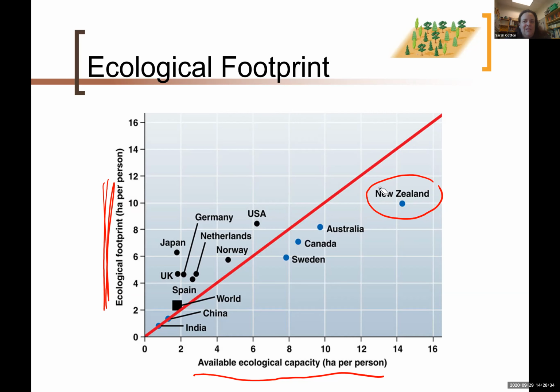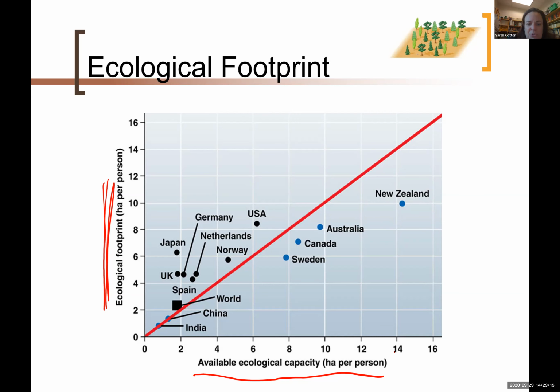And yet, New Zealand is shown in a blue dot because it's on the bottom side of the red line. Because even though New Zealand's ecological footprint is 10, their ecological capacity is 14. So they aren't using as many resources as they have. So even though their ecological footprint is kind of high, they still have more resources than they need. So their overall impact is not as big of a deal.